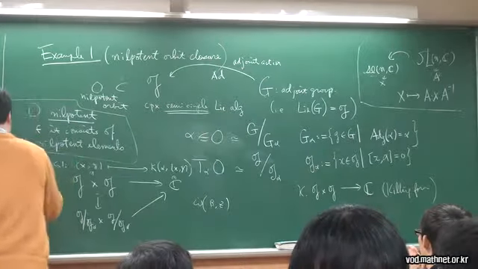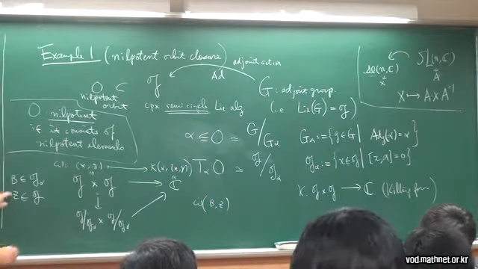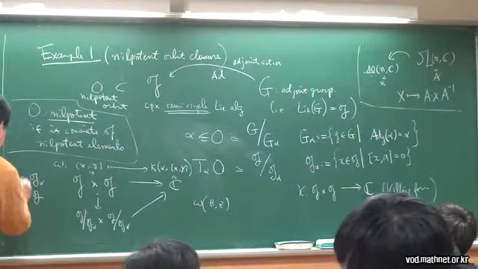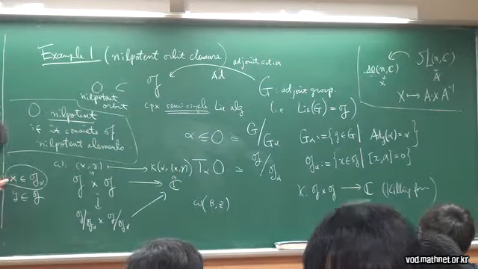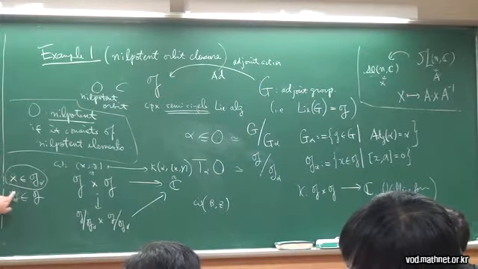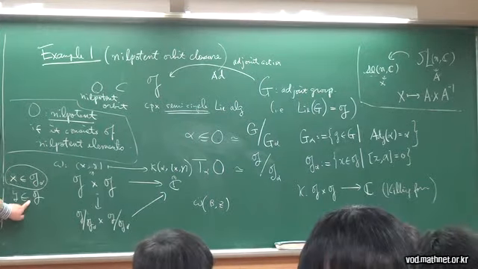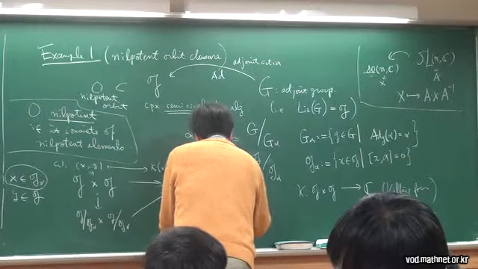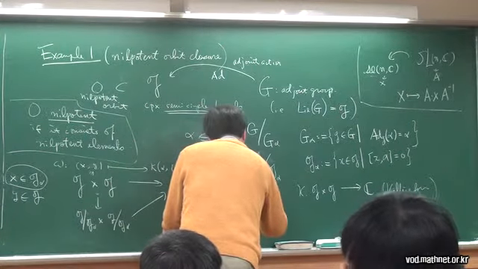Z is some k, okay, y. And assume x is contained in k alpha and y is an arbitrary element, okay? Then what happened? Then this should be this.